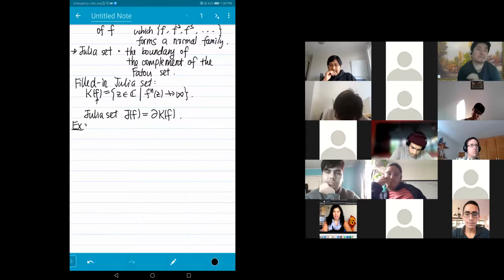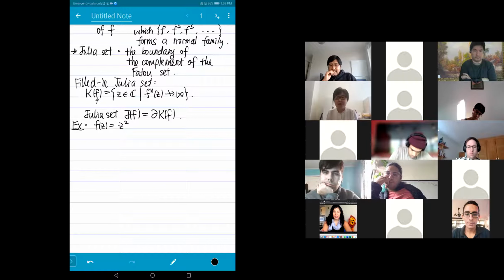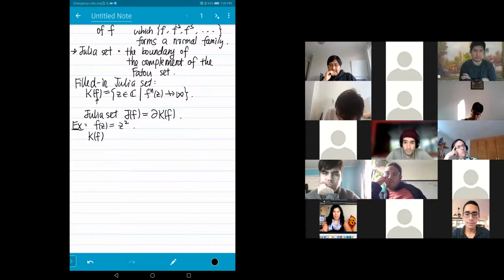So the Julia set, let's take the polynomial to be quadratic. So I just take this square. Then by this definition, the filled-in Julia set of z squared is basically the set of complex numbers such that these numbers do not go to infinity under squaring.